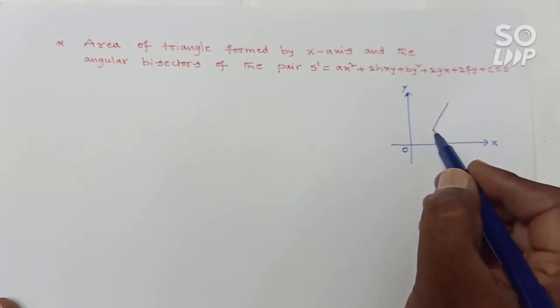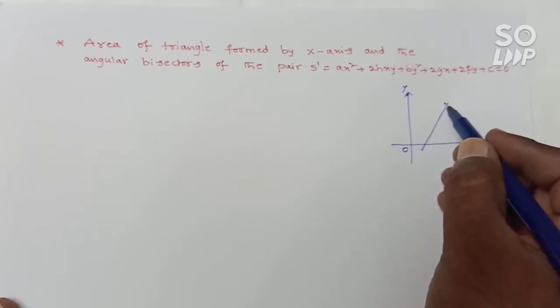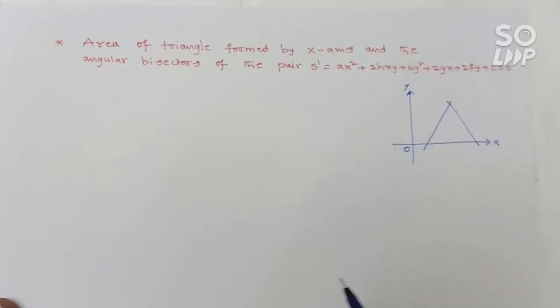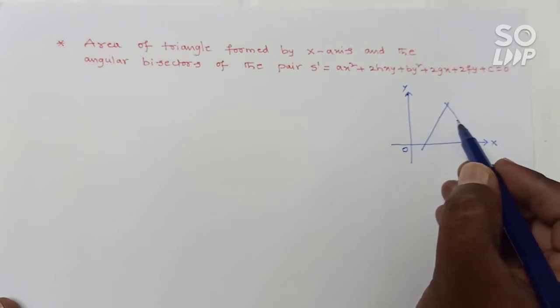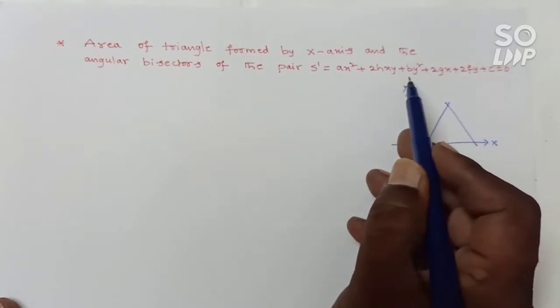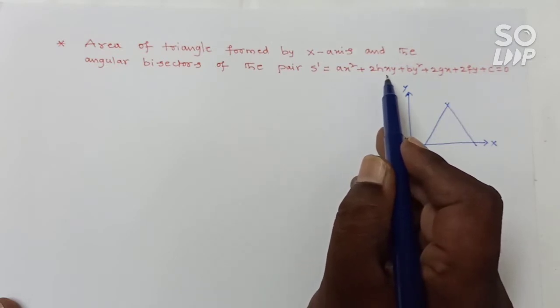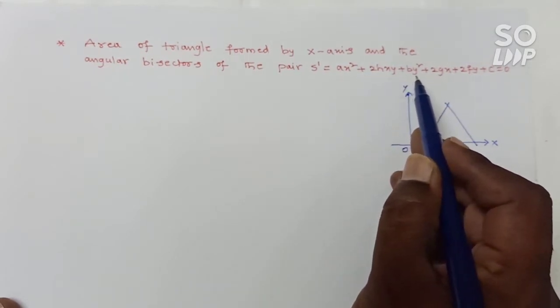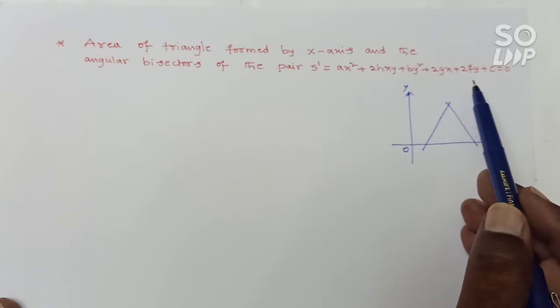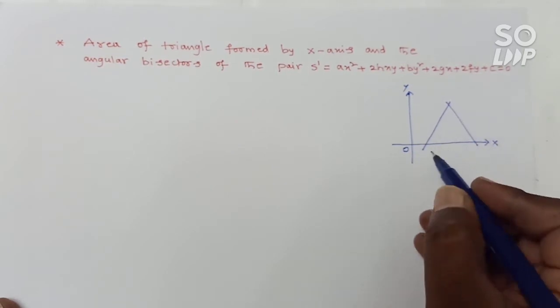Now, here these are the angular bisectors of the pair of lines S' = ax² + 2hxy + by² + 2gx + 2fy + c.